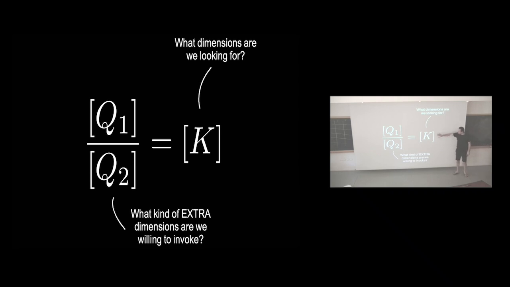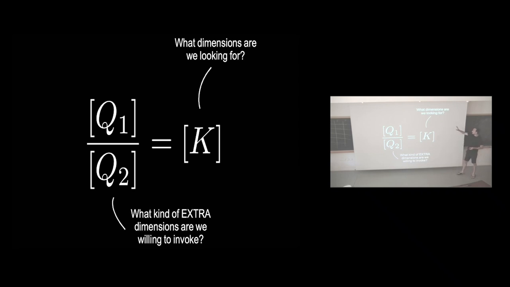If they are combining length and time, you could put them here, and then you can write them up in terms of quantities, Q1 and Q2, which involve extra dimensions. So the discipline, the field, that you're going to find yourself in is going to depend on the types of dimensions that you allow to be here and here.